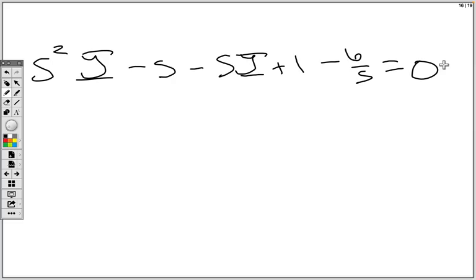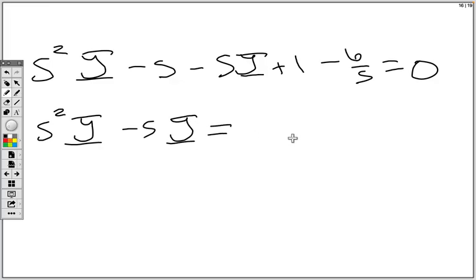And as promised, we now have a linear equation in the variable capital Y. So we're going to solve that. Going to get all the capital Y's on one side, add everything else to the other side. So we're going to add the s over, subtract the 1, and add the 6 over s over.